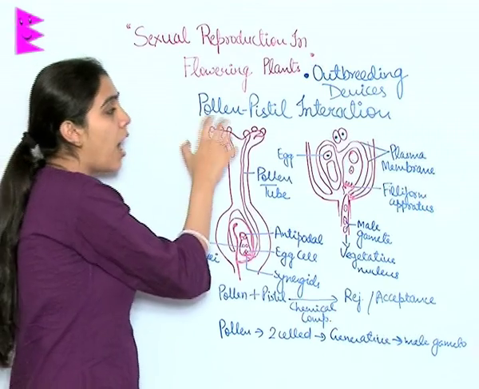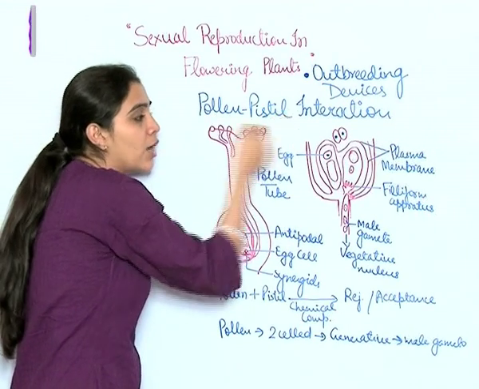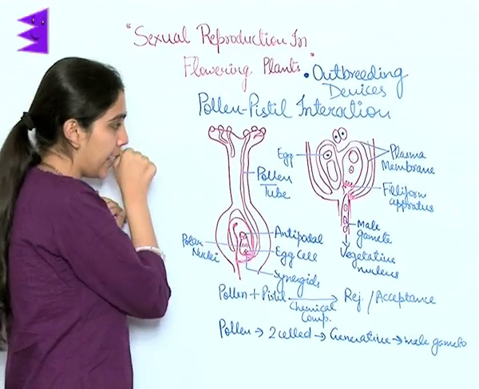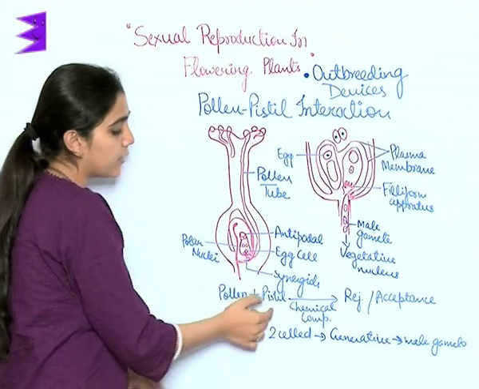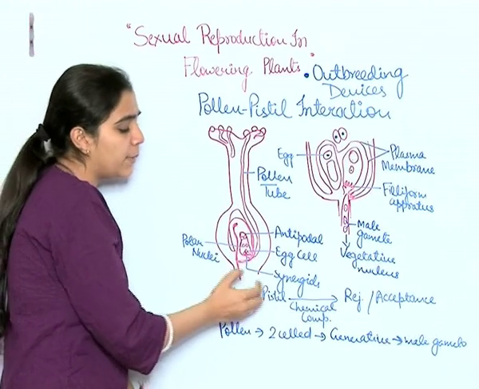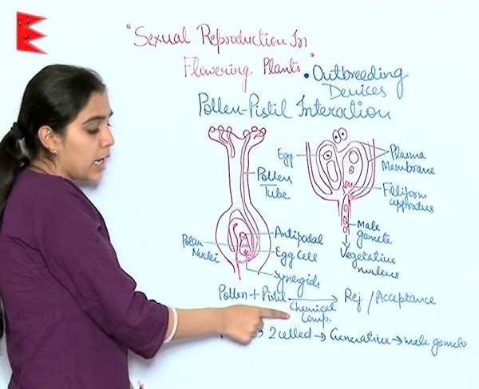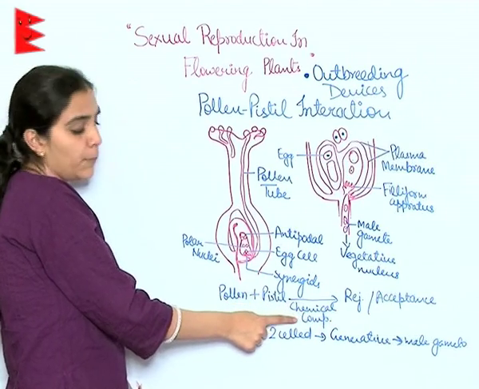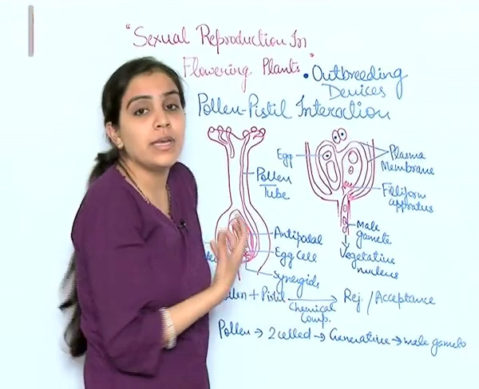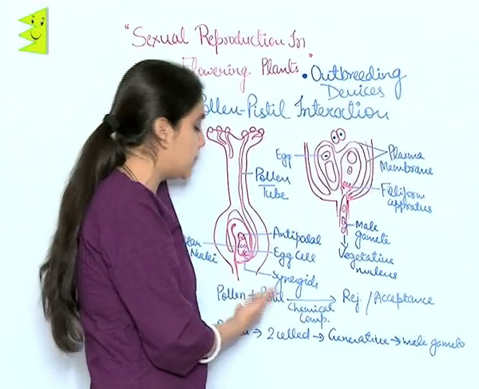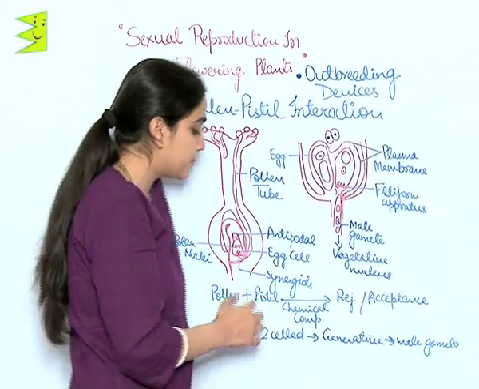That is how pollen reaches across the pistil to the egg. Pollen pistil interaction is a dynamic process which is accompanied by various chemical components, and many chemical reactions are responsible for it.